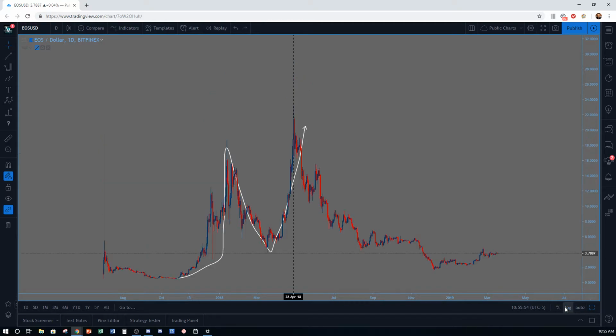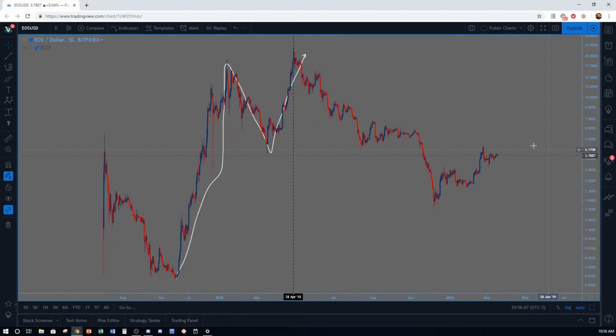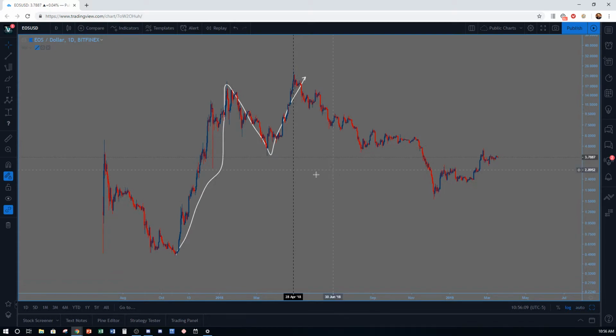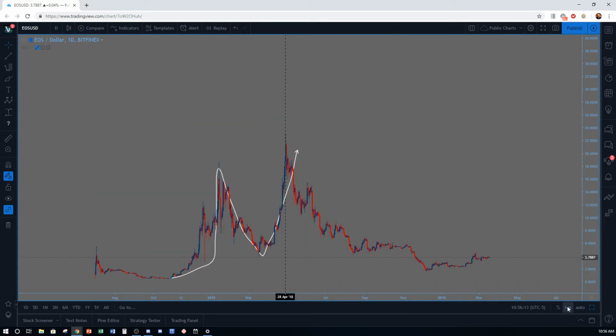If we take this off of log real quick, you can see that these moves look a little more comparable. In terms of percentage, this was a much larger move. In terms of price, they were very similar. In fact, I kind of like this whole chart better if we take log off.